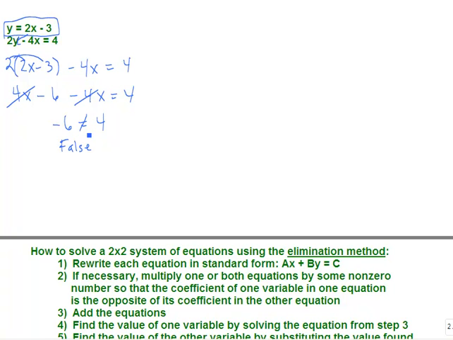So there's no x's that are going to work. So our solution here is no solution. And if you want to visualize what this is, these would be parallel lines. These 2 equations, if you were to graph them, look like the same exact line, but they have a different y-intercept. So they're parallel and they would never intersect.